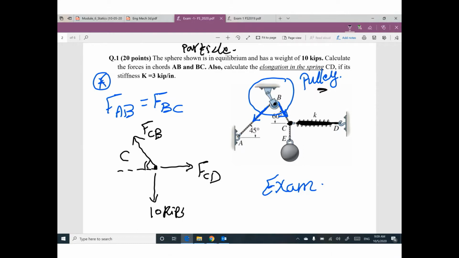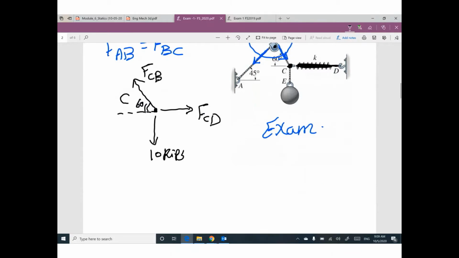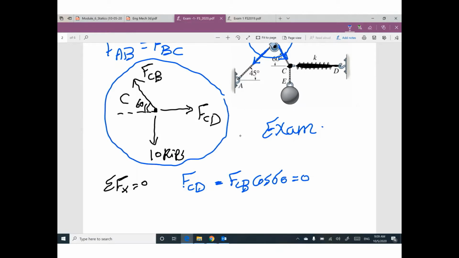Go ahead and apply summation Fx equals 0. What do you have on the x-axis? We have FCD, and negative FCB cosine 60 equals 0. I'm talking about this equilibrium, this point C. We have horizontal, vertical, and inclined.